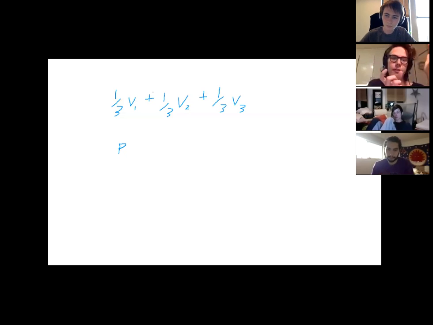So the coefficient that you now have as 1/3 in front of v1 would instead be v1 plus v2 plus v3 divided by v1, and the coefficient in front of v2 would be v1 plus v2 plus v3 divided by v2, and yeah. That's good. Yeah.